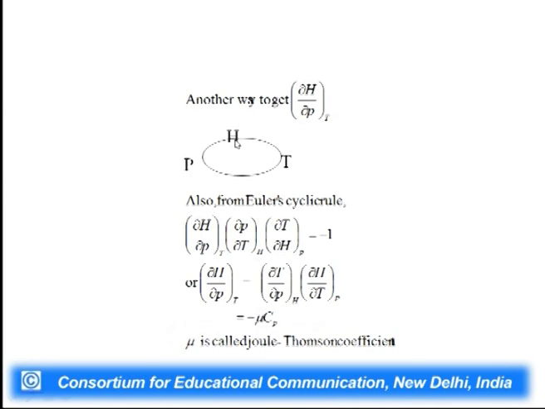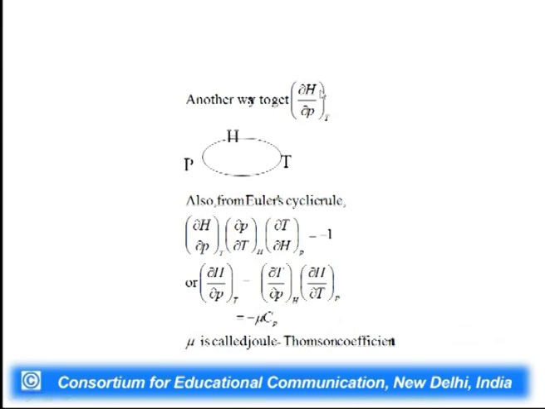Suppose we start from H, then we can write del H by del P at constant T, del P by del T at constant H, del T by del H at constant P is equal to minus 1. This can be written for any three state variables, and this is quite often used in thermodynamics to derive equations.